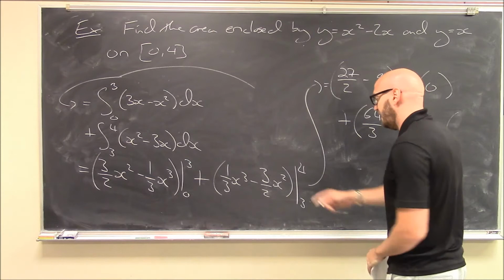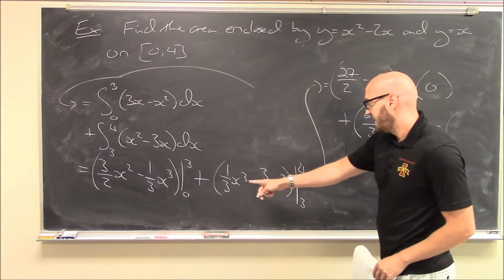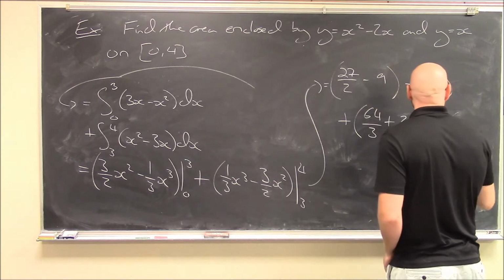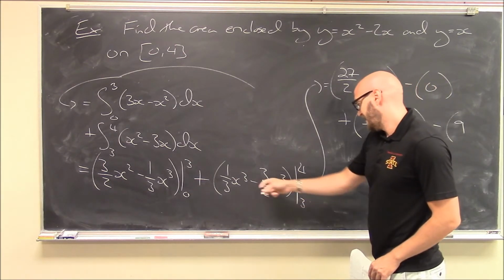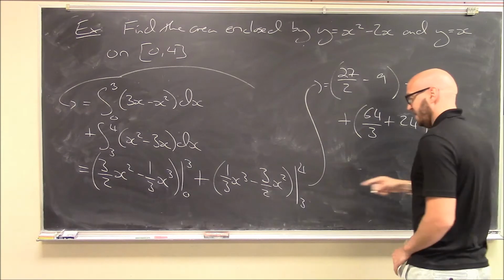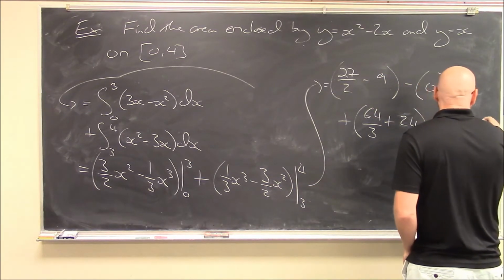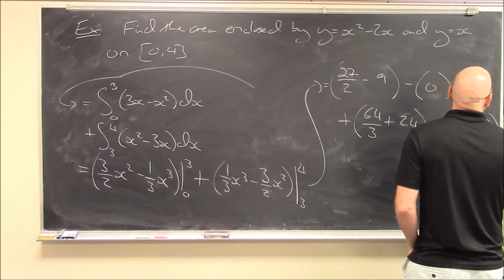That's interesting, minus when you plug in 3, we're going to have 27 over 3 is 9, and minus 3 times 9, 27 over 2.